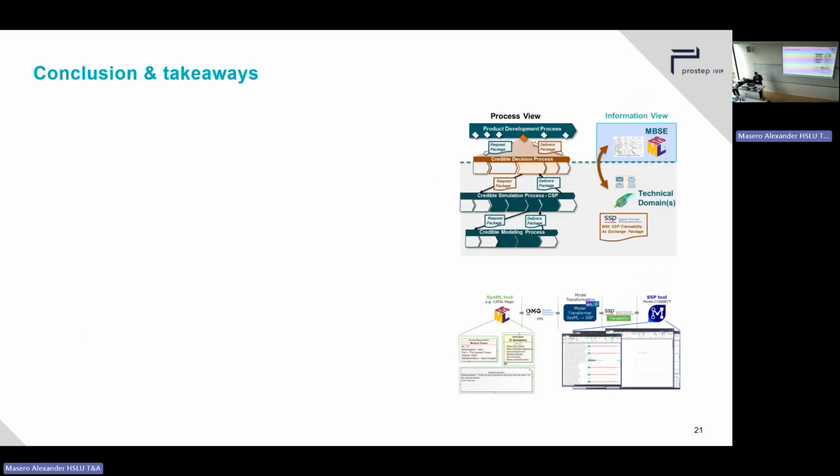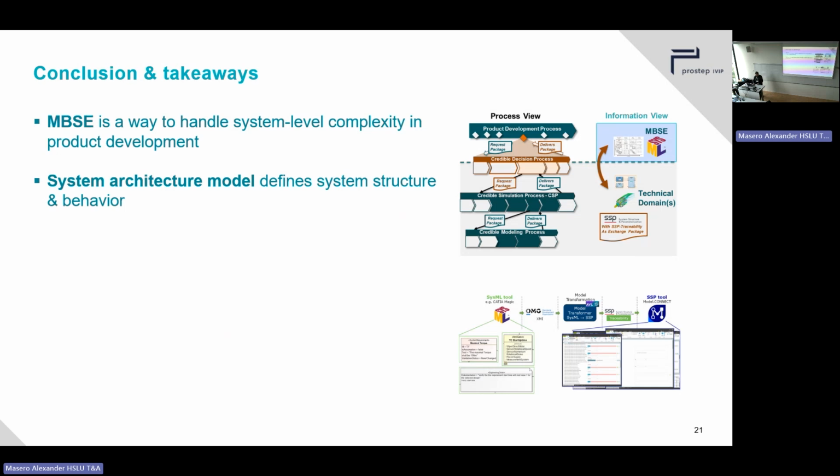Which brings me now to my conclusion. I hope what you can take away from this presentation is that firstly, MBSE provides you with a framework to handle product complexity, and system architecture models are at the heart of MBSE. And hopefully I could convey to you that the link between system architecture models and system simulation models makes sense, also from a business point of view.